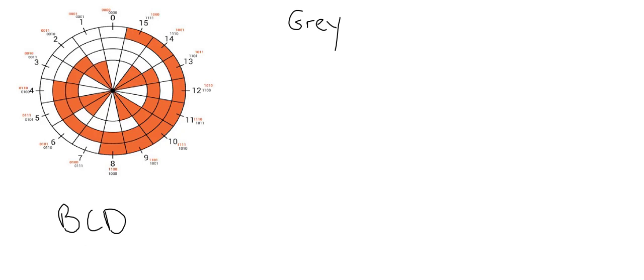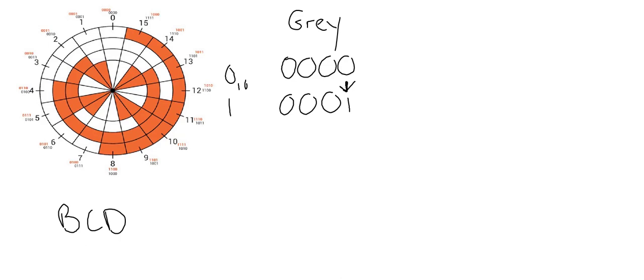Now with binary, 0 is all zeros. When you go to 1, then this unit here changes to 1. And then going on to 2, this changes, because this is your 2's column here.